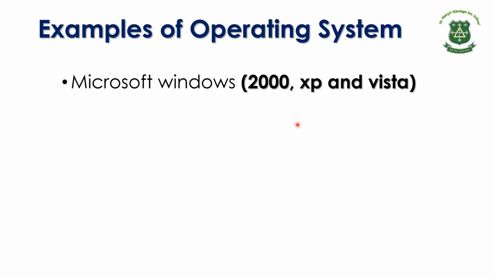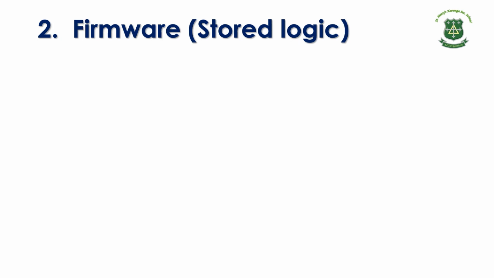All those are examples of operating systems. Then we have the Unix operating system. We have the Linux operating system, Macintosh. So those are examples of operating systems.